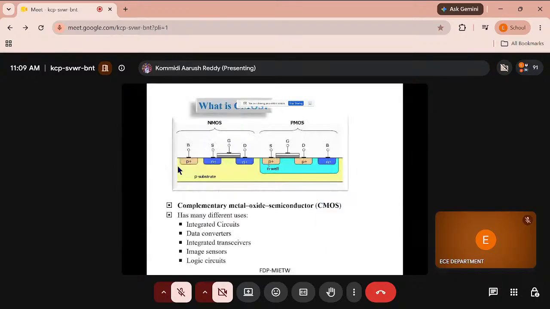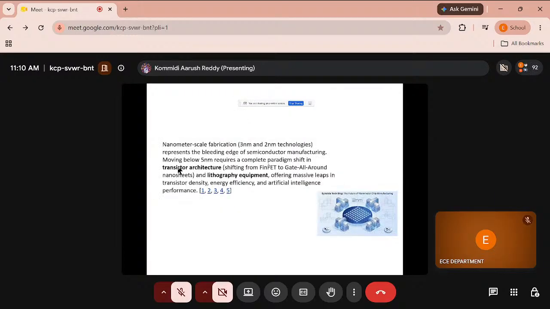What are the next technologies? We have nanometer scale fabrication technologies. The upcoming ones are 3 nanometer or 2 nanometer technologies, representing the edge of semiconductor manufacturing.